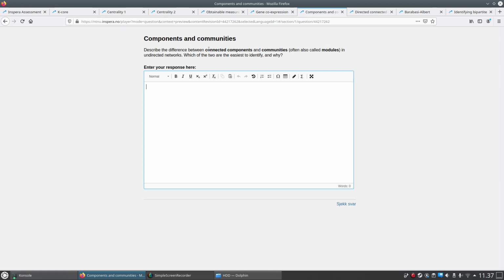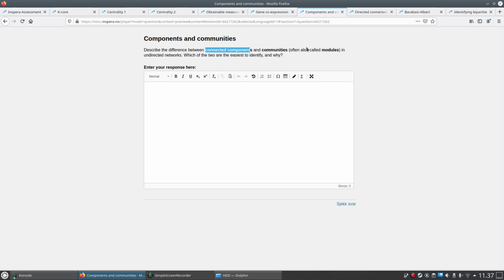Contrast that to the connected component, where you only have connections within each connected component. If you were to have two different connected components, and you were to add an edge between any two nodes from separate connected components, well, those two connected components would merge into one larger connected component.